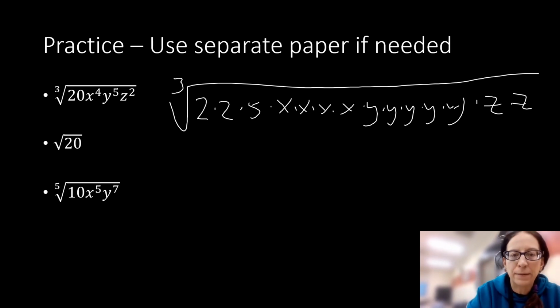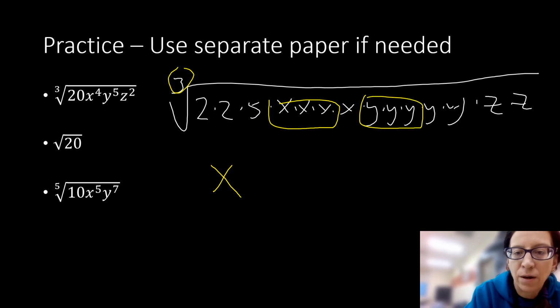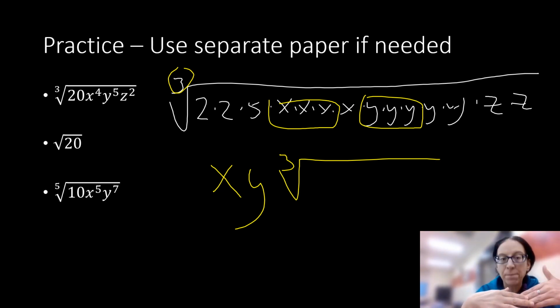Now we haven't dealt with z's too much this school year. I do cross my z's. This is a cube root, so we are going to be looking for groups of 3. I don't have any number groups of 3, but I do have some x's and I do have some y's and nothing else. So what am I left with under my radical? Well, the 2 times 2 times 5, I guess I can put it back together again. Now, some of you might, when you're going through the factoring process, realize that you don't have a group of 3 and you never bother taking it apart.